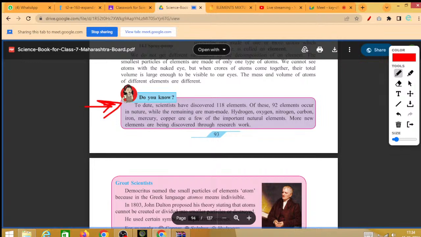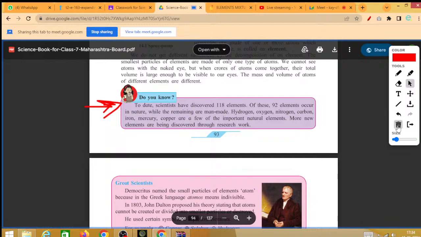More new elements are being discovered through research work. So how many elements are there? How many elements are there in nature? 118. And how many are natural? 92. Good.